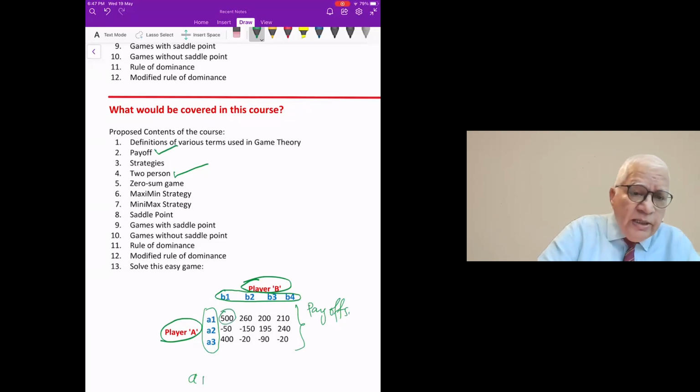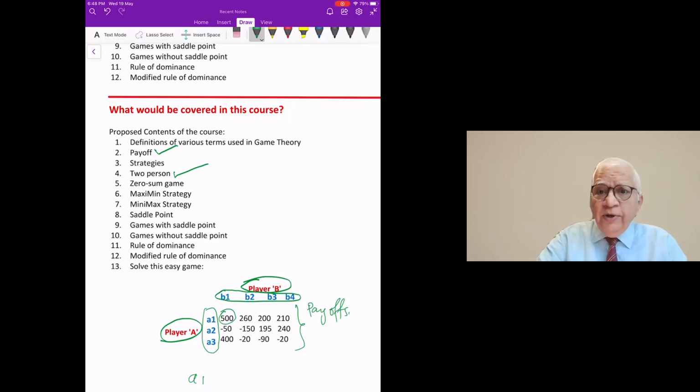What this means is, if player A uses strategy A1 and player B uses strategy B1, the resultant payoff is 500 monetary units to player A. So all the payoffs are written from the point of view of player A. Player B's payoffs are supposed to be exactly the negative of player A's. In other words, if A gains $500, B loses $500.